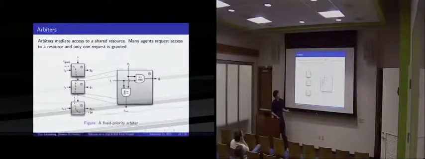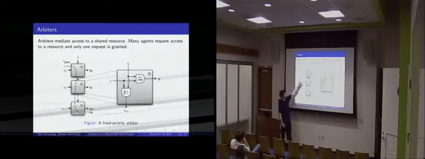So an arbiter is going to mediate access to a shared resource, one shared resource. I have lots of things requesting access to a resource, and only one of them can possibly be granted access to the resource. It's a pretty simple idea. And I implemented a fixed priority arbiter. The idea here is I have 1 bit for every agent that's requesting access. Right now I've sort of abstracted this away from the idea of a router. This is just a general piece of hardware you would want to build.